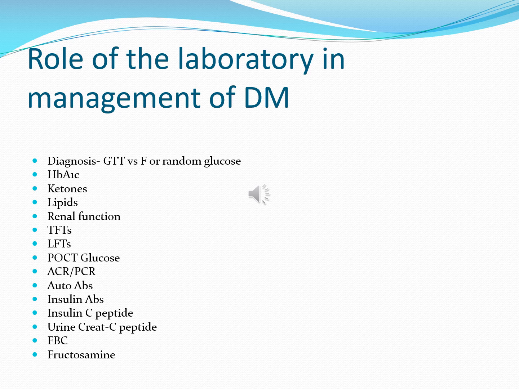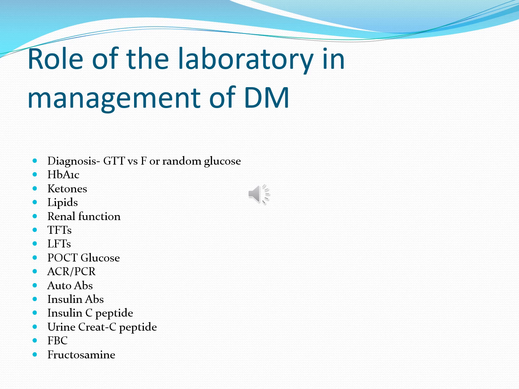So very briefly, glucose, again, we can use it fasting or random, can be used for diagnosis and monitoring. HbA1c can be used for diagnosis and monitoring, but there are lots of limitations. Ketones we've not touched on too much, we'll mention them in the next talk, but they are very important to identify diabetic ketoacidosis.